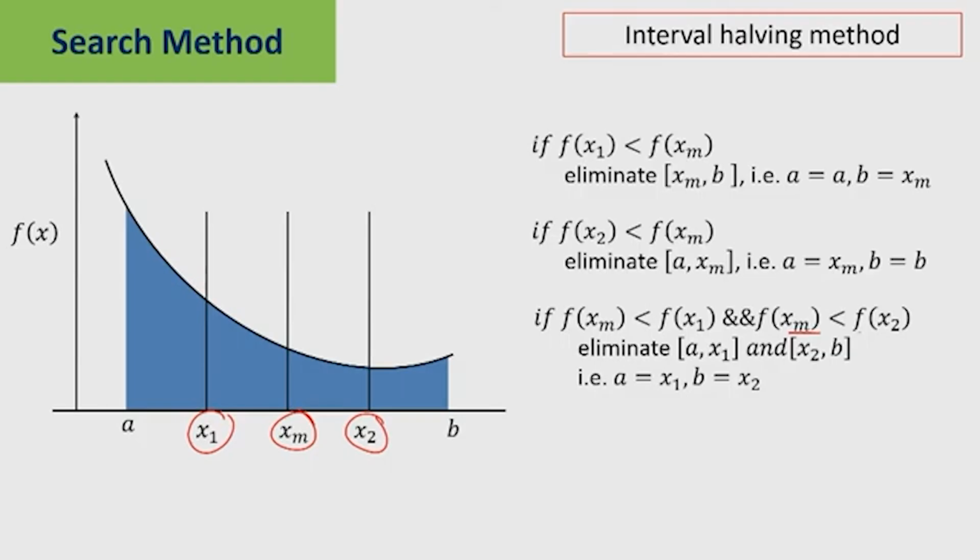So, after taking these 3 points, one of these is condition 1, this is condition 2, and this is condition 3. In this case, the figure is not showing the first condition, but if the first condition is true, that means f of x 1 is less than f of x m, then you will eliminate the region x m b.